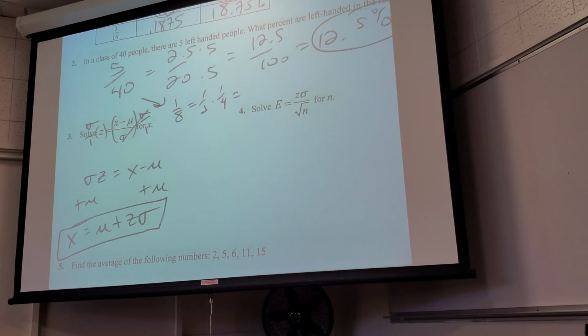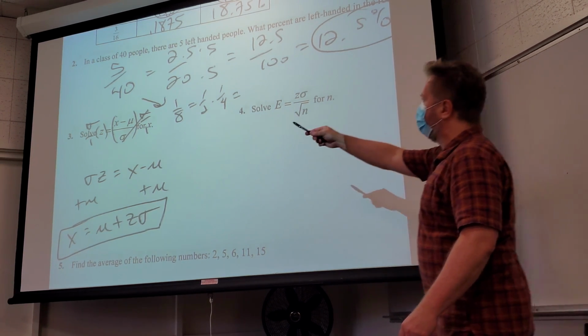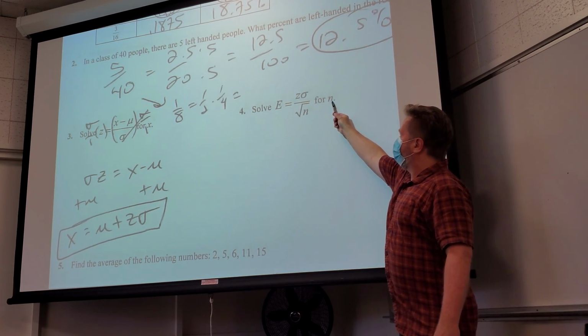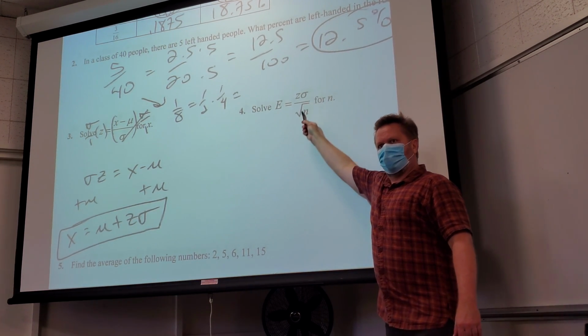Has anyone gotten to number 4 yet? Anybody try out number 4? No? Do you see how it's almost the same idea? What's worse about number 4 than number 3 is the letter that I want to solve for is the one that's down here.